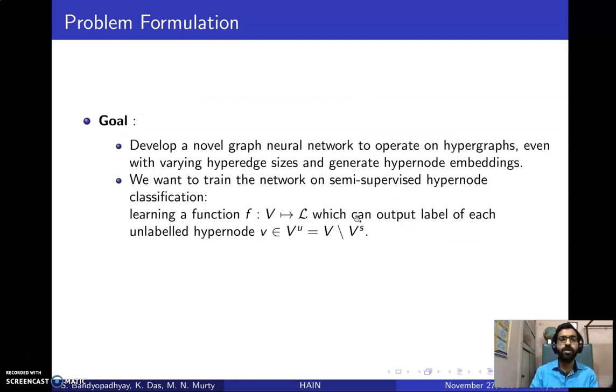The goal of this work is to develop a novel graph neural network which can operate on hypergraphs even with varying hyperedge sizes and generate hypernode embeddings. We want to train the network on semi-supervised hypernode classification. This amounts to learning a function f which can assign a label to each hypernode in the hypergraph.